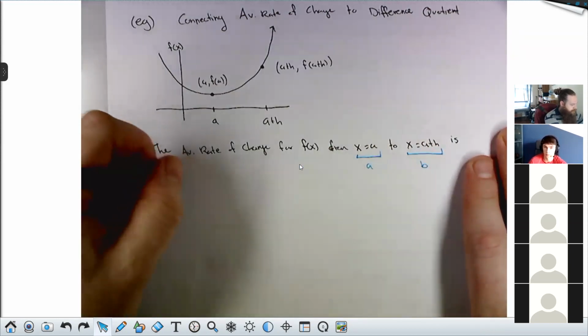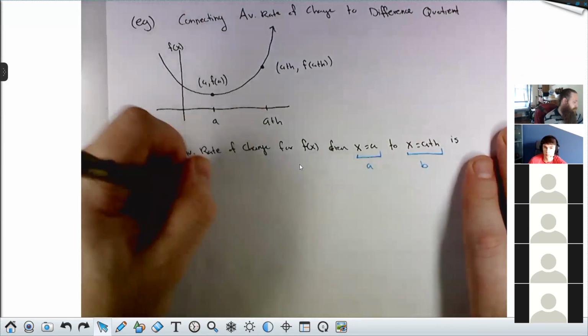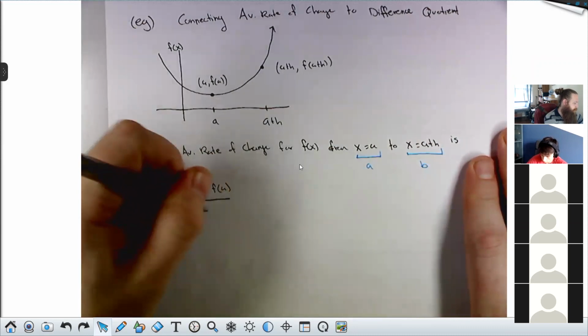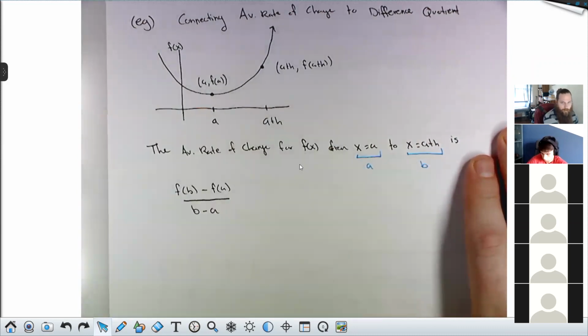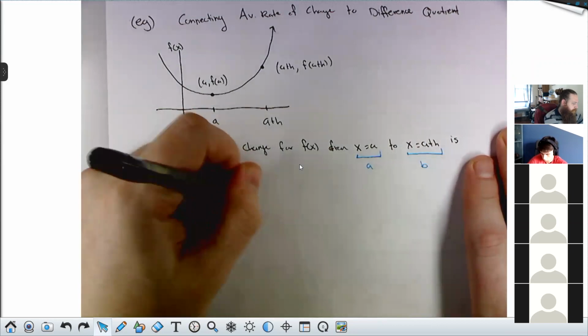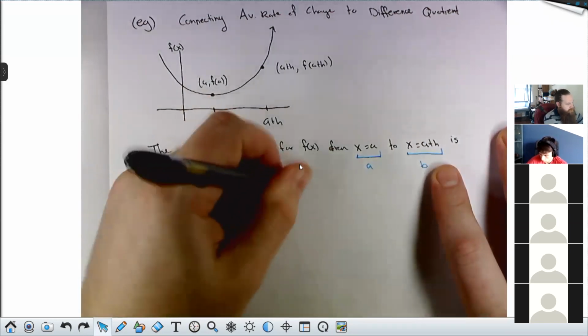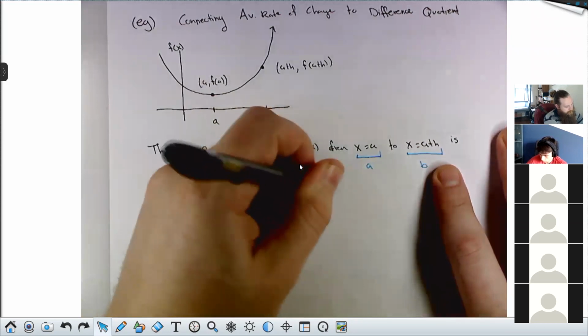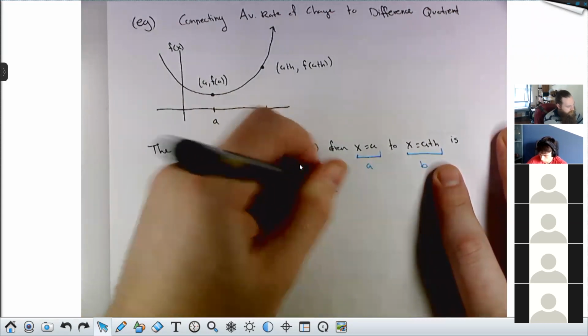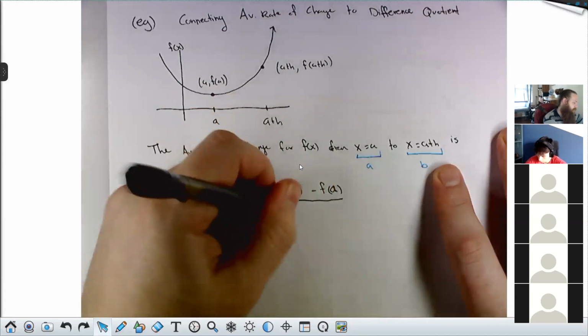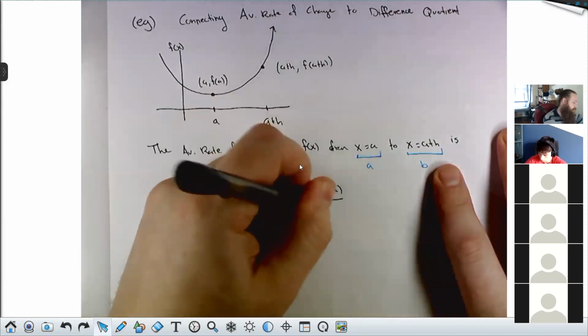So this would be f of b minus f of a all over b minus a. That formula still works, but I just got to plug in. b is a plus h, so this is f of a plus h minus f of a all over a plus h minus a.